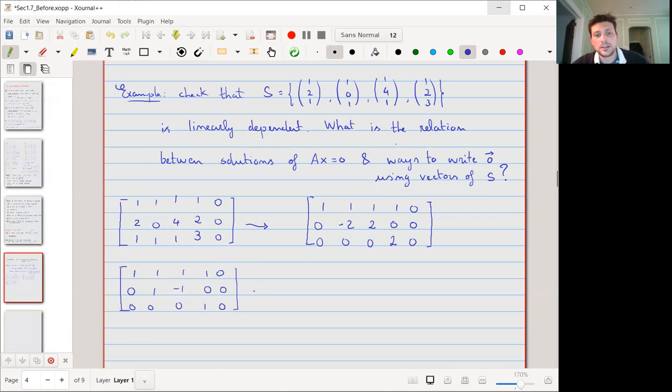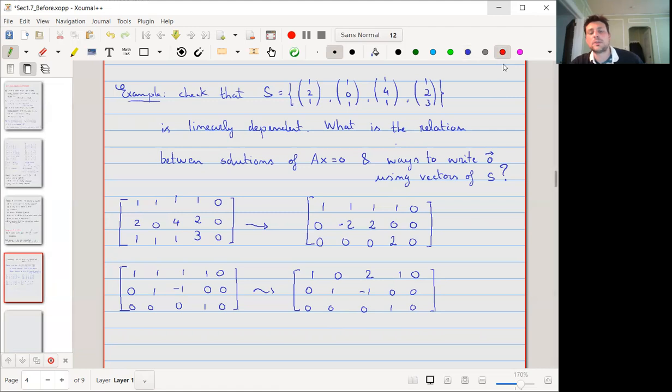We're almost done. To get to the reduced row echelon form, we just need to eliminate the one above the second pivot, and we do that by subtracting the second row from the first. Zero, 0, 0, 0, 1, 0.